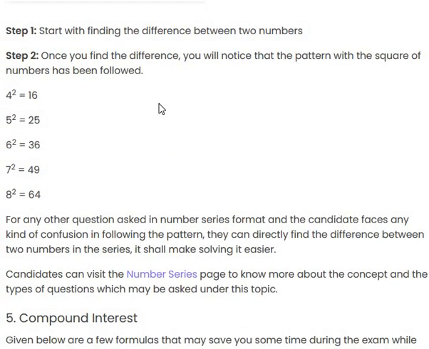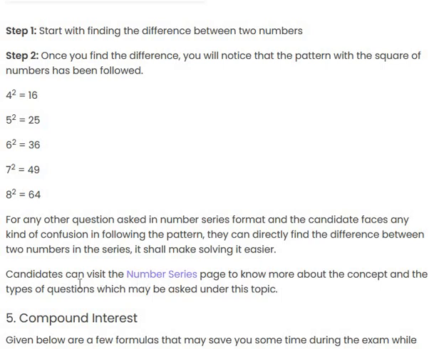For any other question asked in number series format, if the candidate faces any kind of confusion in following the pattern, they can directly find the difference between two numbers in the series. It shall make solving it easier.